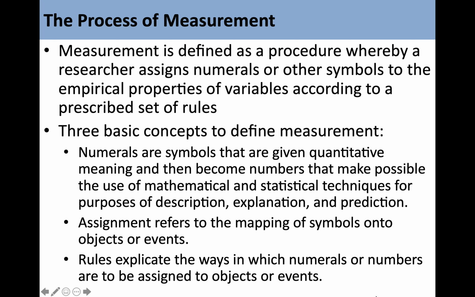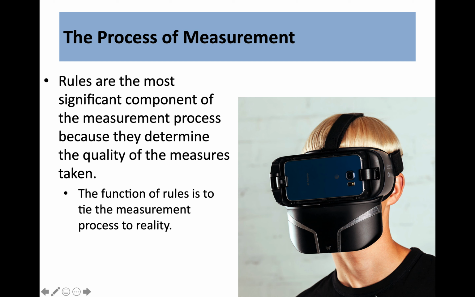But of course, I was able to do it because there was an instrument that actually quantified resilience. It was really kind of interesting. It's not the only instrument out there. There are other instruments that also quantify resilience. Rules are the most significant component of the measurement process because they determine the quality of the measures taken.